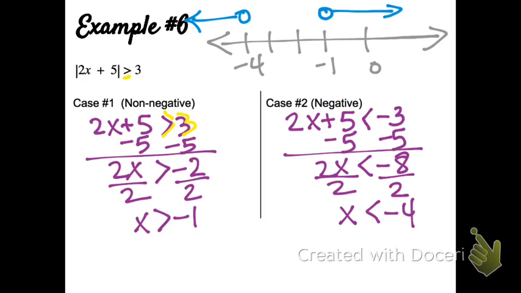The second one, though, instead of greater than, I changed the sign to less than, and instead of 3, it's now -3. And then again, subtracted the 5 and divided by 2 like you solve a two-step equation. When you solve these, it's not equal to -1, so that's why I did an open dot. It's not equal to -4, open dot. And then again, greater than's to the right, less than is to the left.